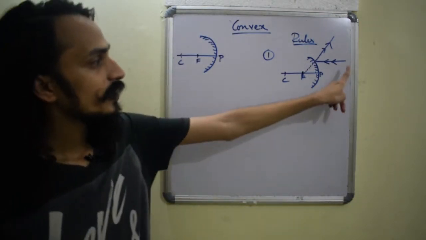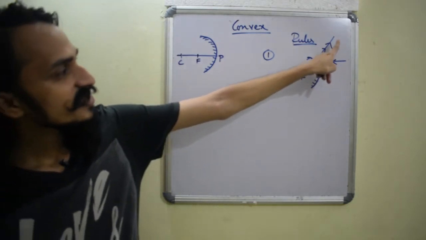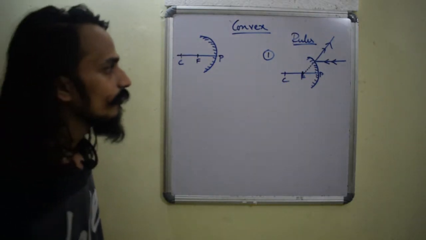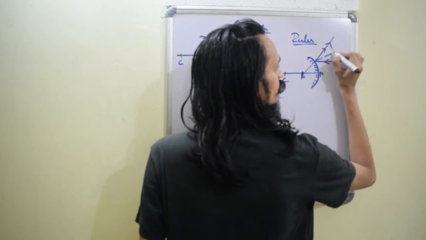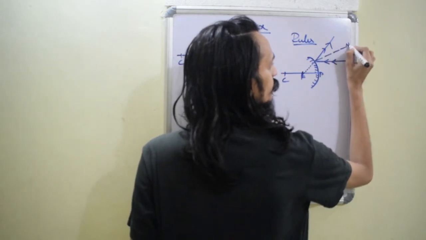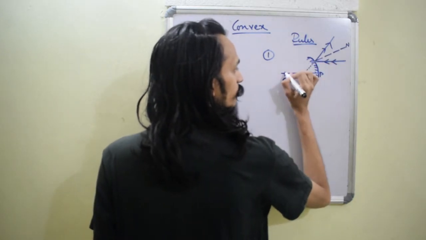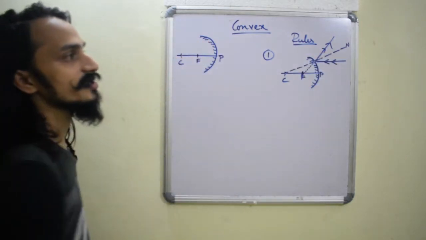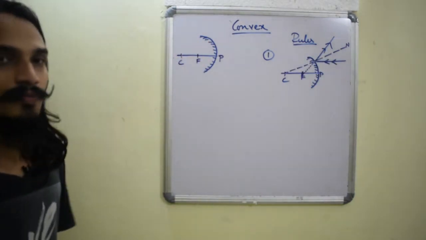When a ray of light is incident parallel to the principal axis, it reflects away and appears to pass through focus. Similarly, this would be the normal, and if I extend the normal, it appears as if it is passing through C. It doesn't actually pass through, it appears to pass.